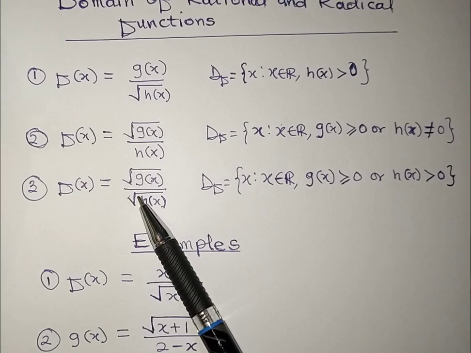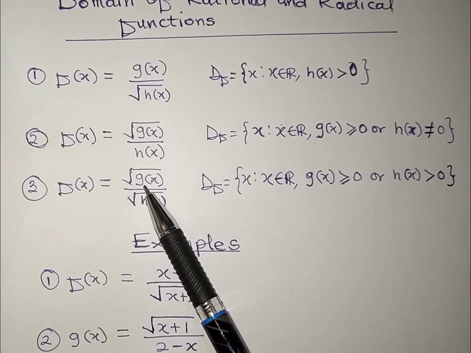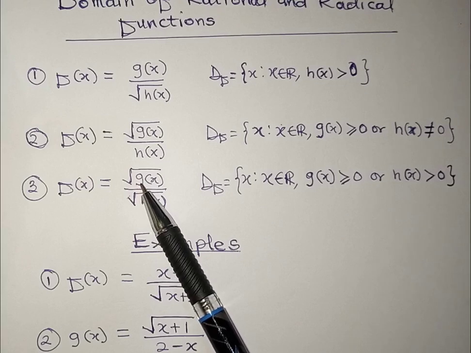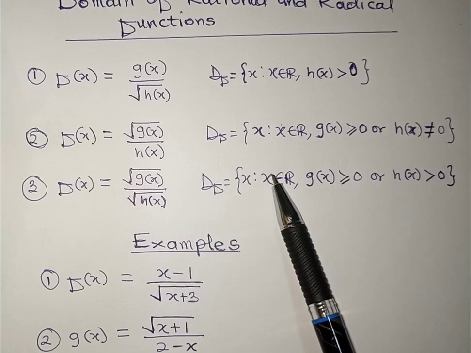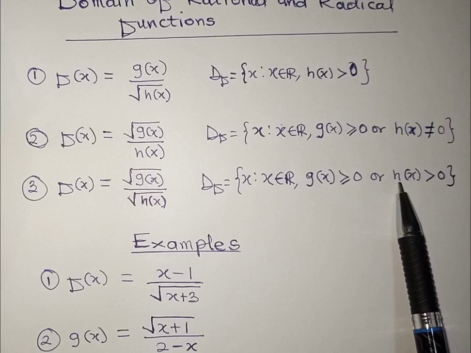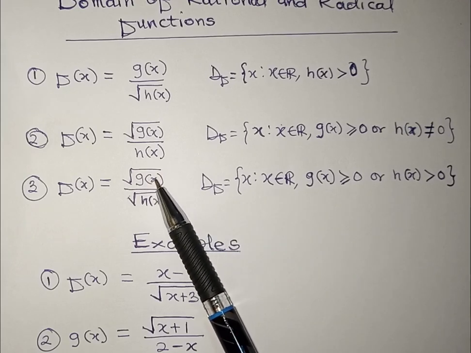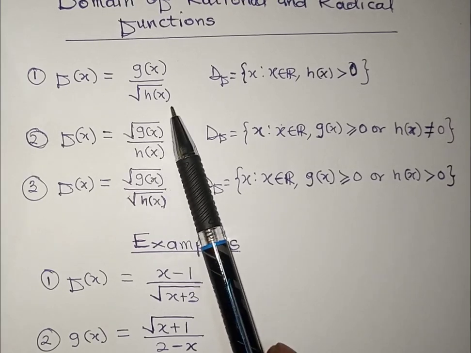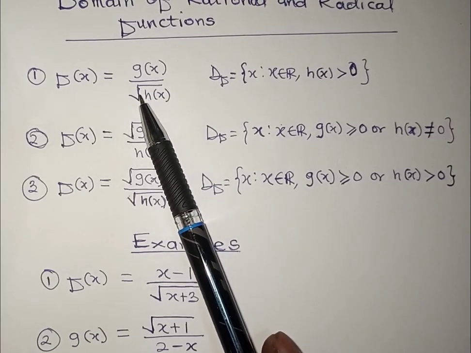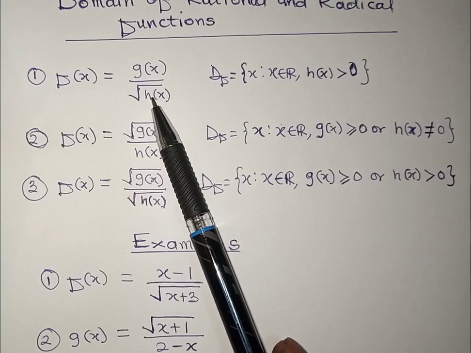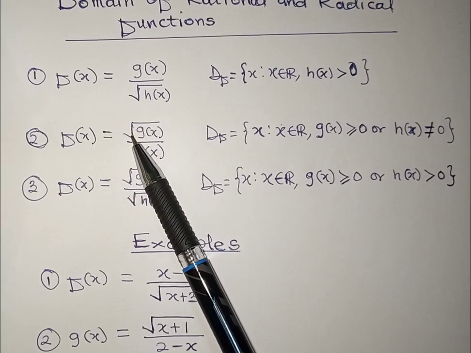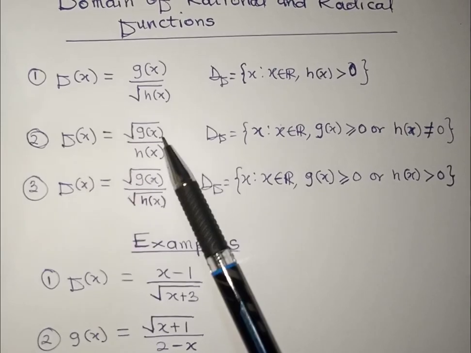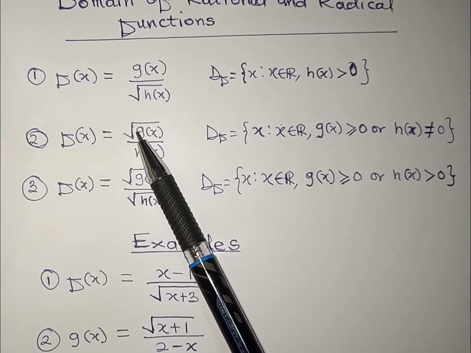What if the radical signs are on both the numerator and the denominator? Then this becomes a third case. In that case, you do this separately, you do this separately. The same applies here. But in the first one, you only consider the denominator. But in the case of examples 2 and 3, you need to do it separately.